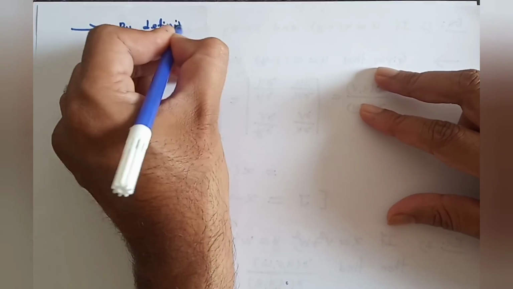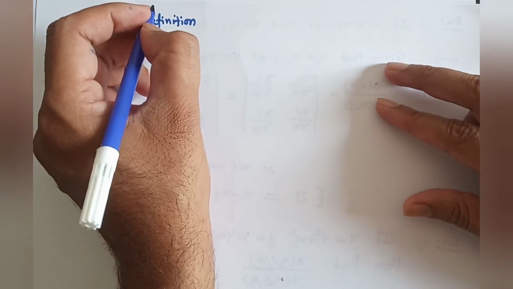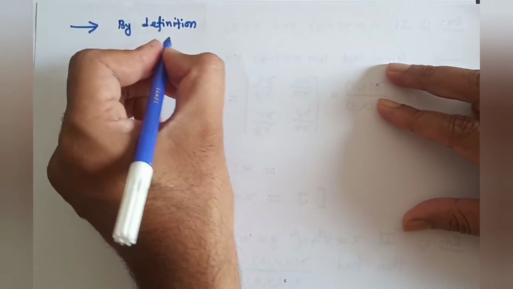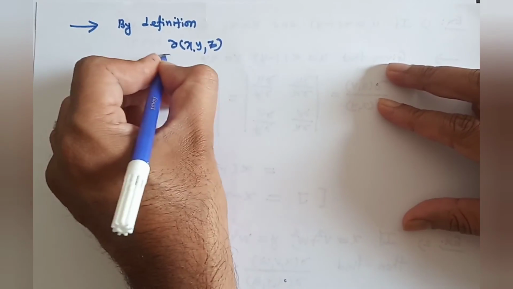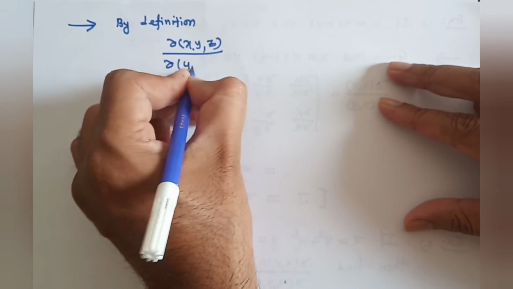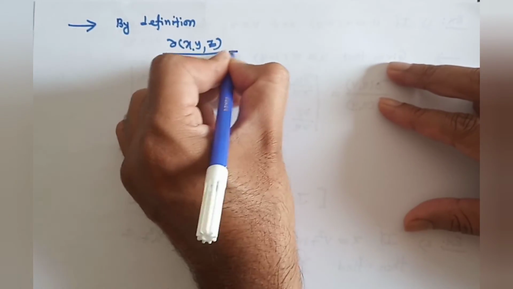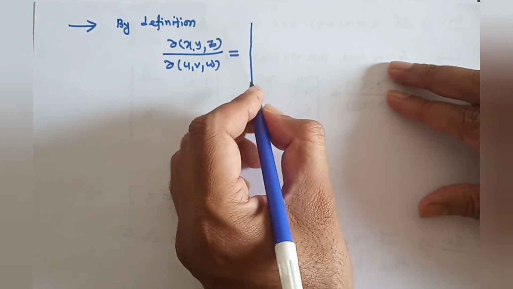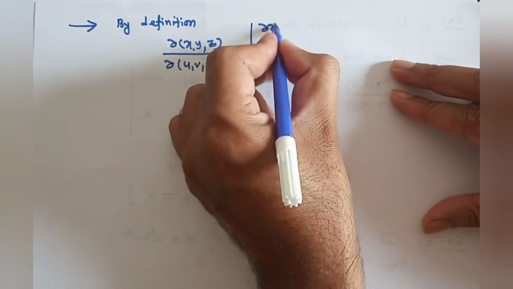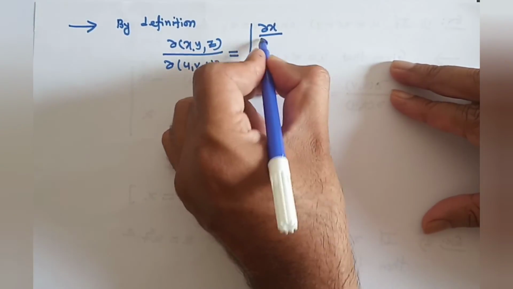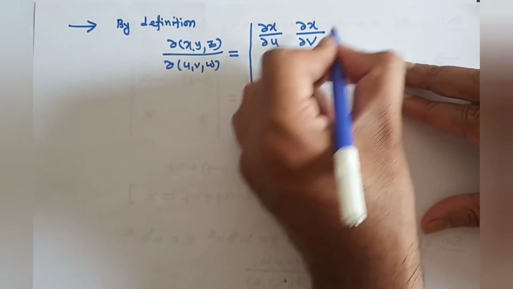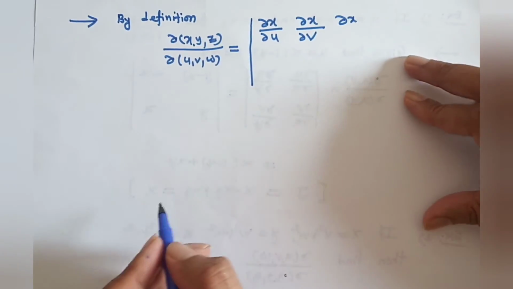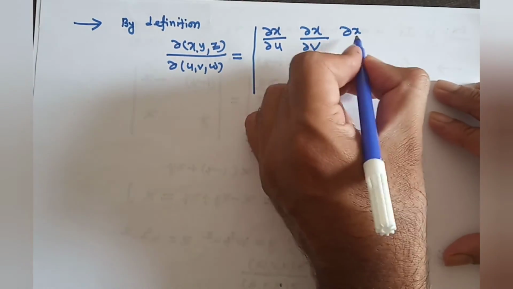By definition, what is the definition of Jacobian? Here, Jacobian of x, y, z with respect to u, v, w. How to define this? First row is partial derivative of x with respect to u, x with respect to v and x with respect to w.